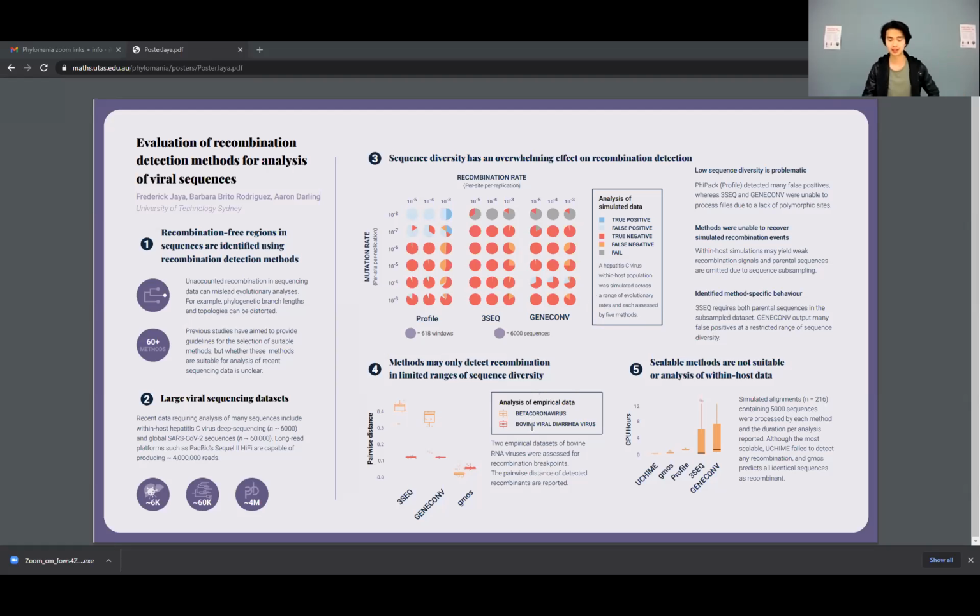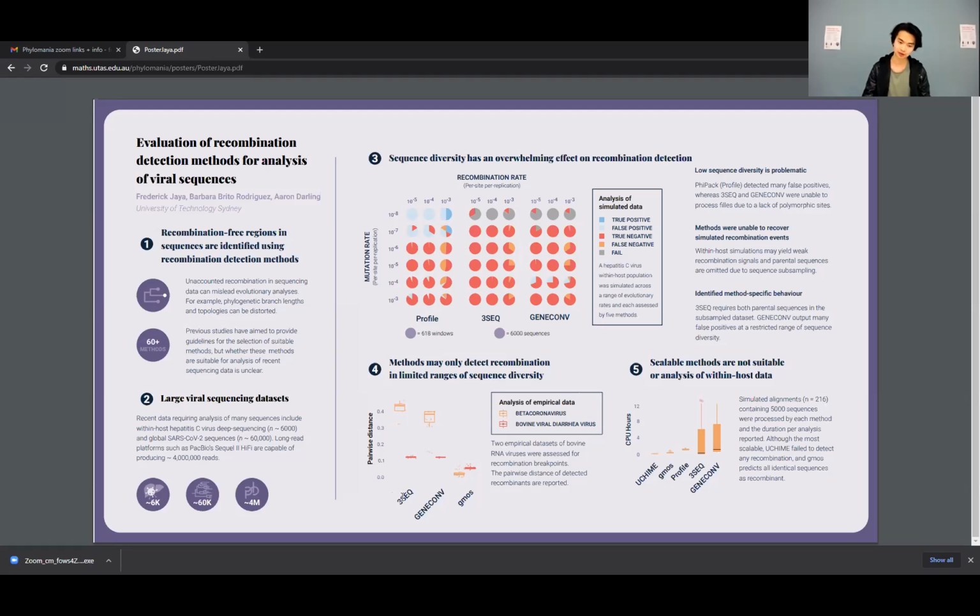We also had a look at empirical data. We looked at two empirical data sets of bovine RNA viruses, which is a beta coronavirus, and a bovine viral diarrhea virus. And those results supported what we found in the simulation findings, where sequence diversity had an effect on how recombination is being detected.